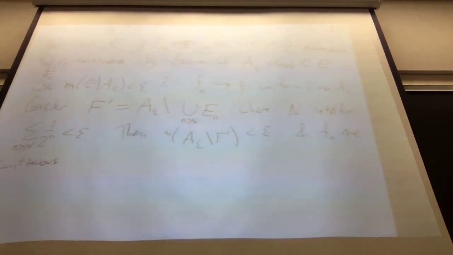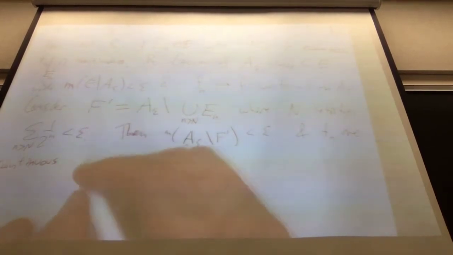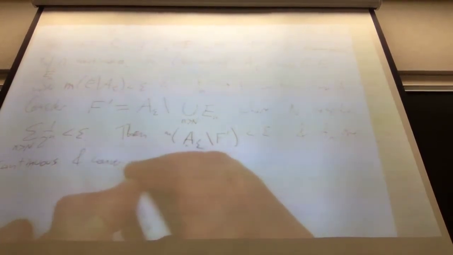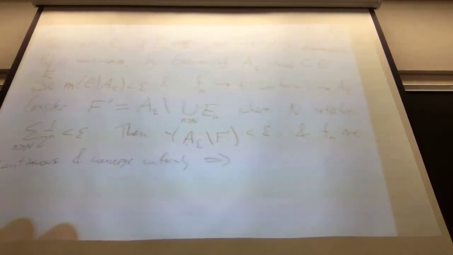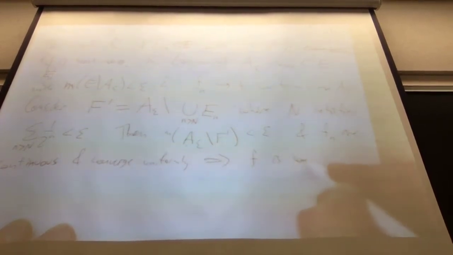on a closed set and converging uniformly on A epsilon, are continuous and converge uniformly, that means the limiting set, continuous functions converging uniformly converge to a continuous function. This is what we talked about on day 1, which implies F is continuous on F prime.